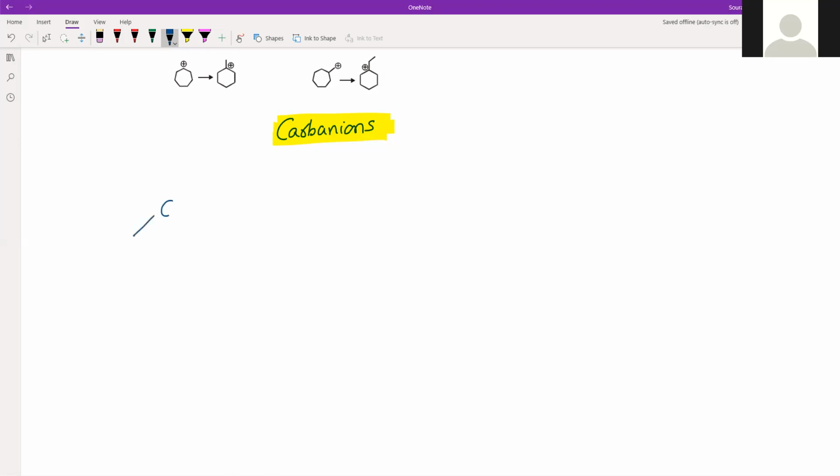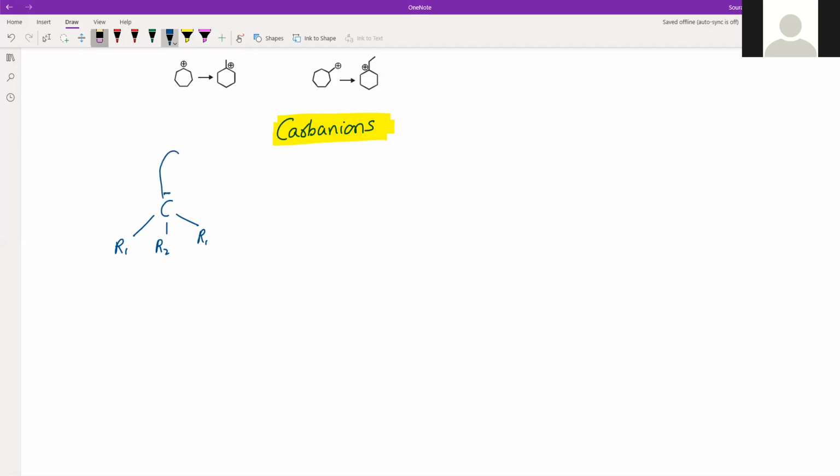So suppose there are these different alkyl groups, it may be even hydrogen, and there is a negative charge on this carbon, right? That is due to an electron pair. There is an orbital here having electrons, not paired with any other atom.